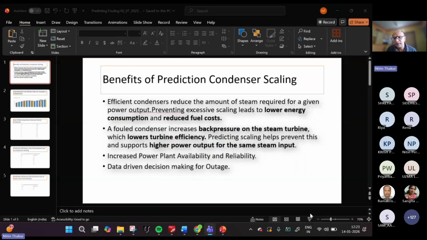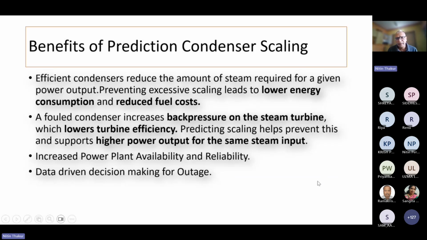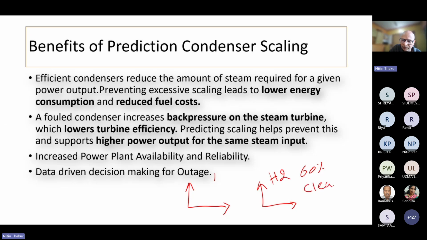So what I could understand from the power plant managers is that they didn't have a way to really understand the mileage. So now with these tools, they are in a position where they can decide that, okay, I will shut down power plant 2, which is 60% scaled, and clean the condenser.